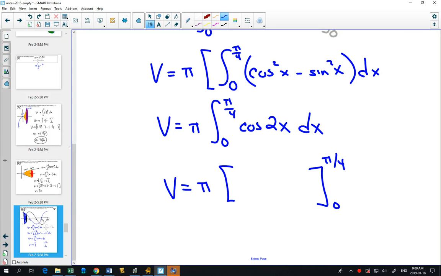Integrating cos, will it be positive sine or negative sine? Positive sine. And since this would be a chain rule where you multiply by 2 when you did the derivative, when integrating, we need to divide by 2.